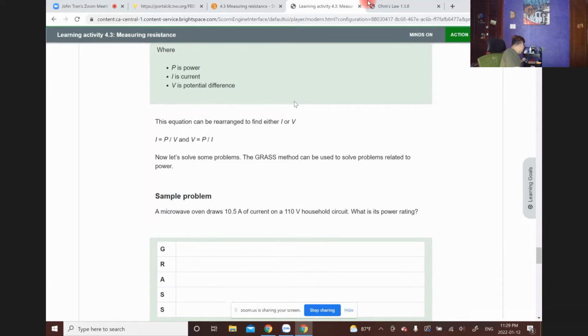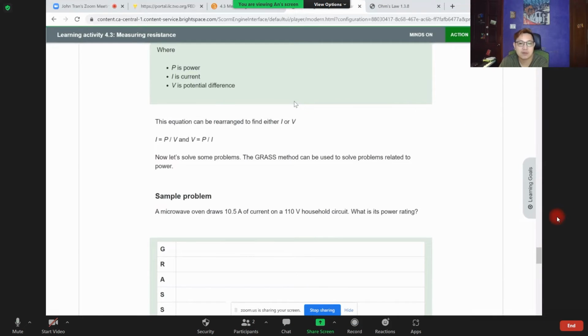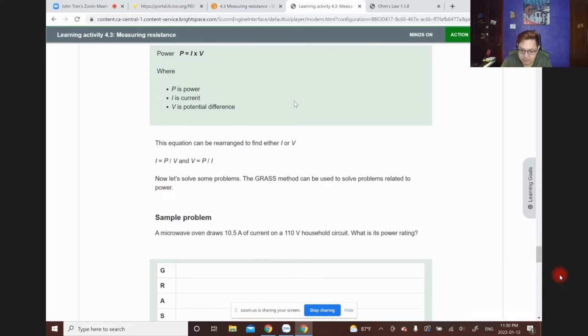Power rating. You have to calculate the power rating of that according to the formula. What do you think? Microwave.